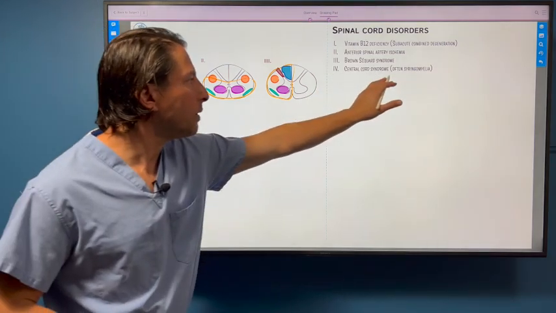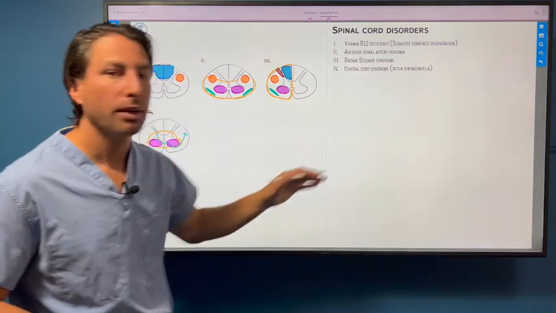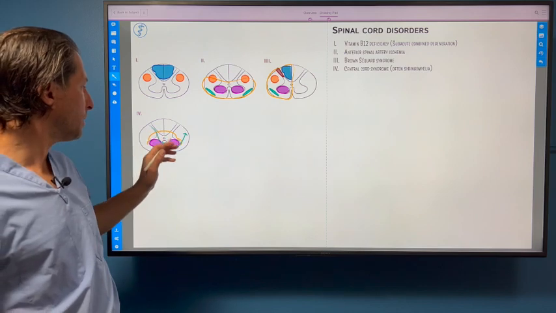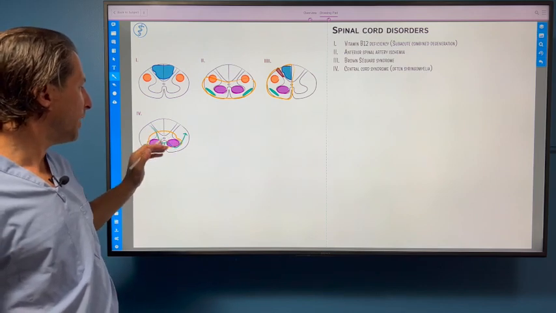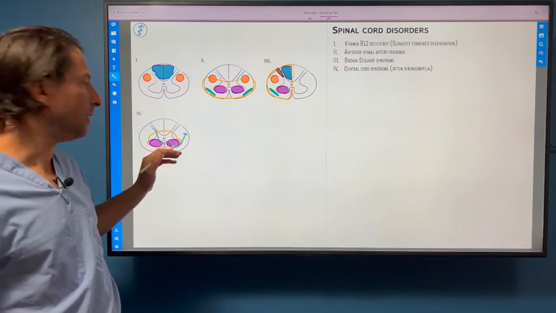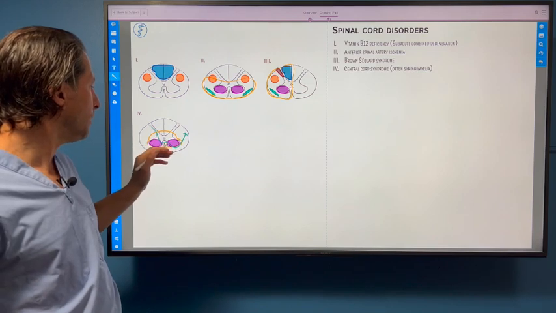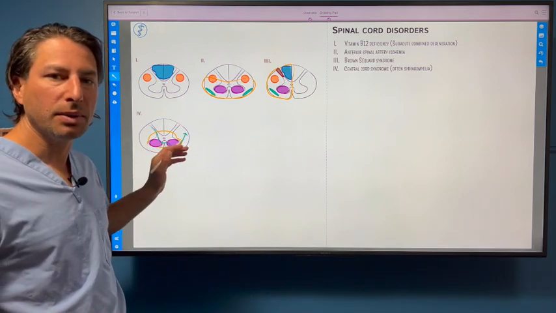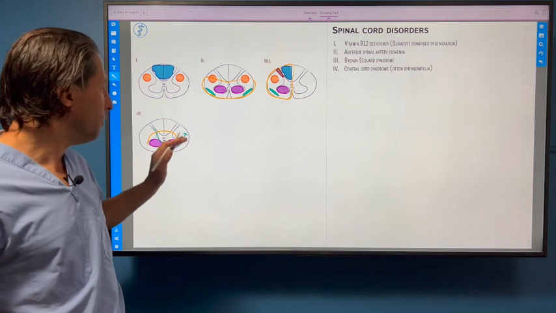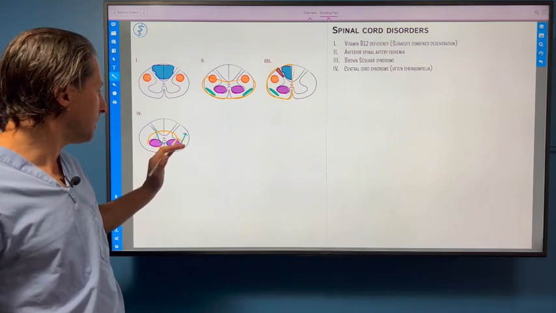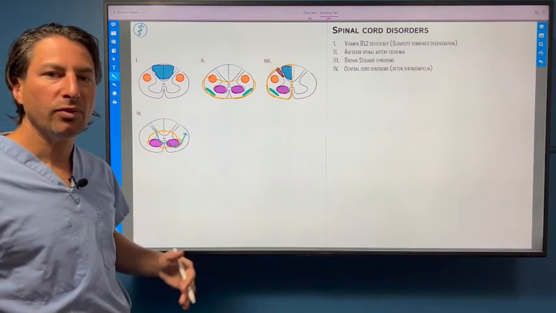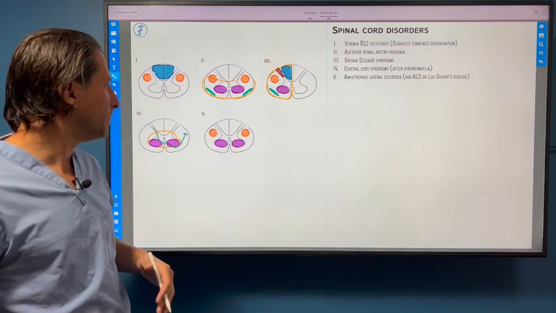Then in central cord syndrome, often syringomyelia, which we discussed earlier, the syrinx, what's affected are the anterior horn cells here, and then also, we said, those arm fibers of the spinothalamic tract before the leg fibers, because this is expanding outwards, and the arm fibers are inner to the leg fibers.